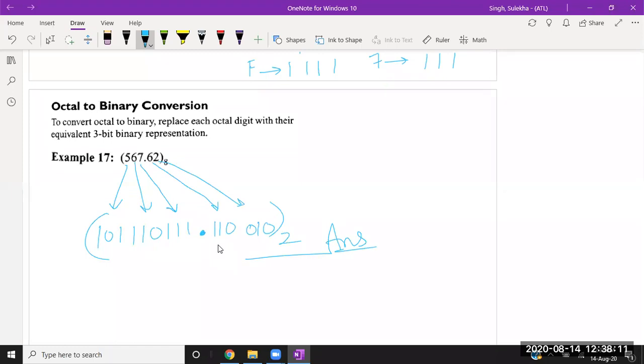You can remove this 0 also, so your answer can be this one also.